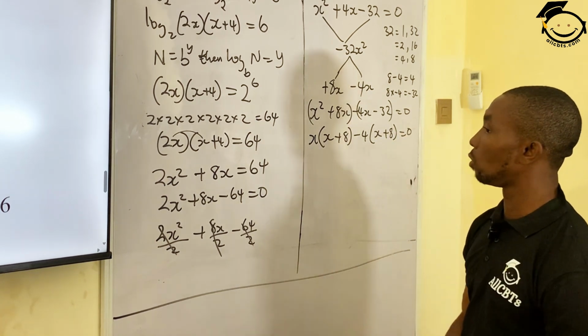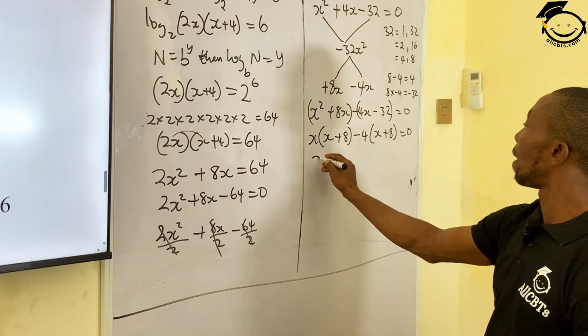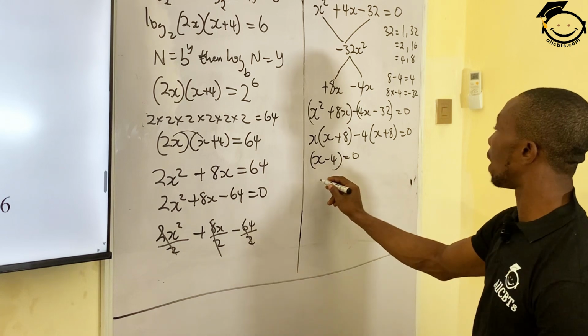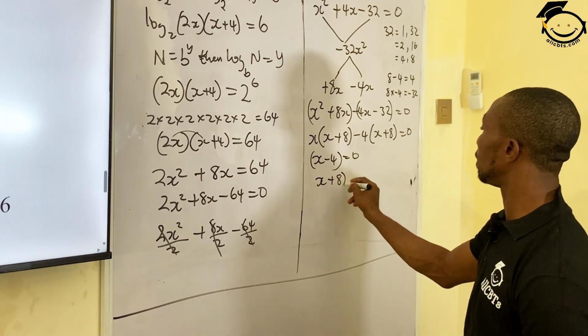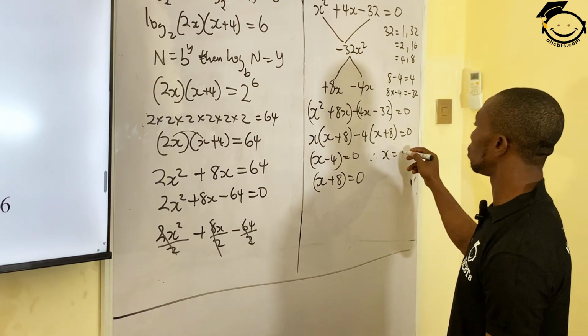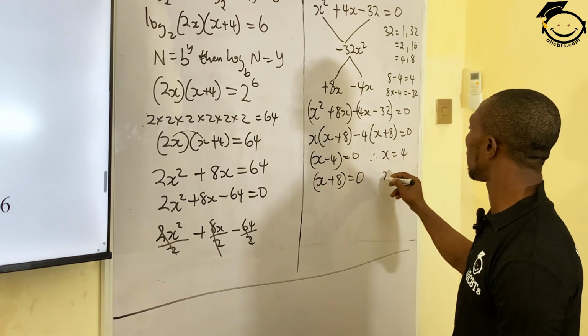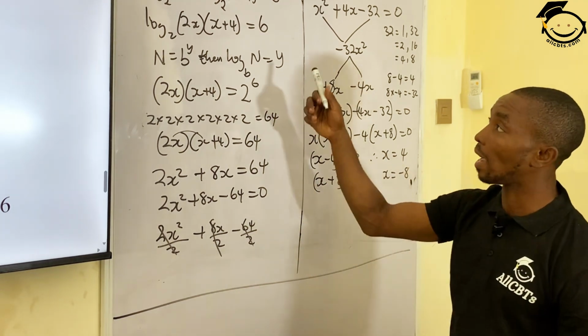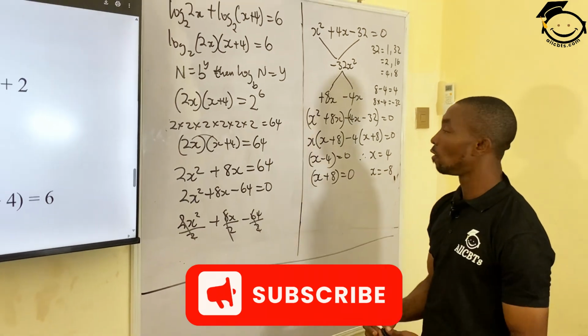All equals 0. So this becomes x minus 4 equals 0 and x plus 8 equals 0. So therefore, x equals positive 4 and x equals minus 8. So the value of our x in this equation will be 4.